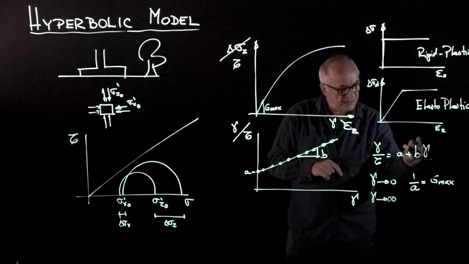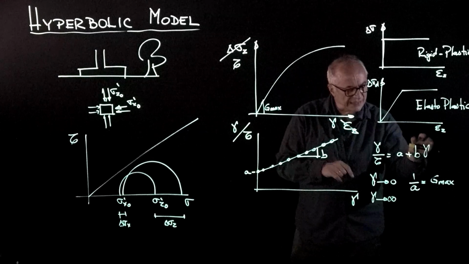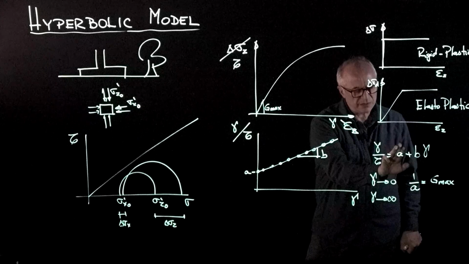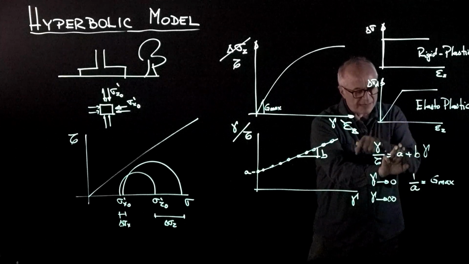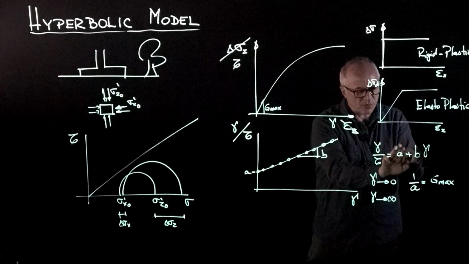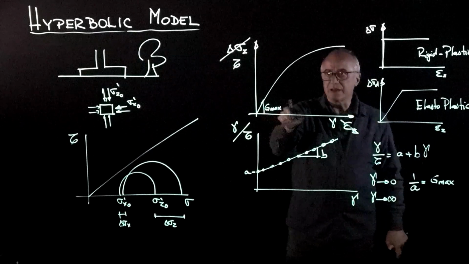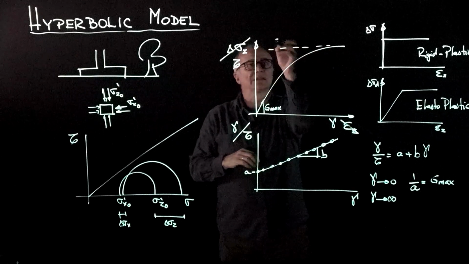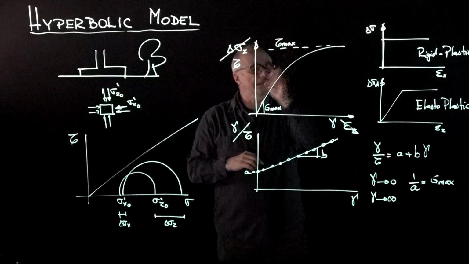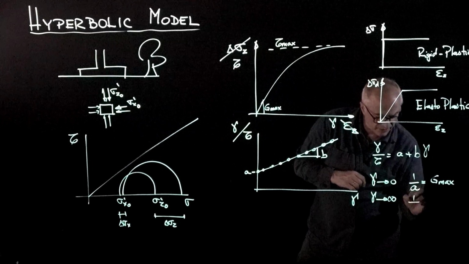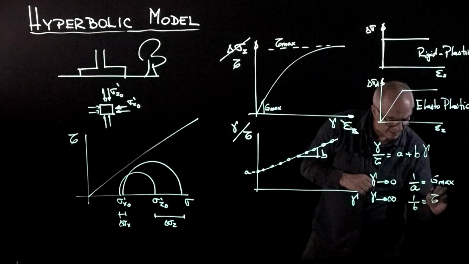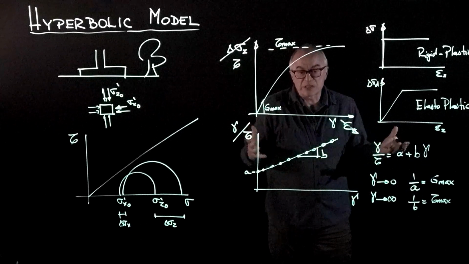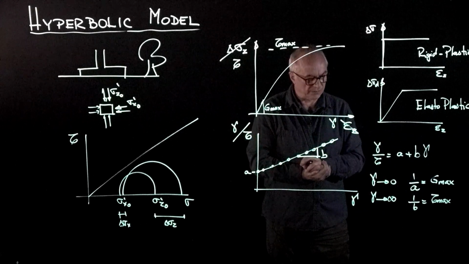When gamma is larger, this term becomes very important, so A disappears out of this equation, and then the gamma cancels out, and that means that 1 over B at gamma very large is tau max, which is this value here. And so 1 over B is equal to tau max, or the ultimate tau, which is the shear strength of the soil.